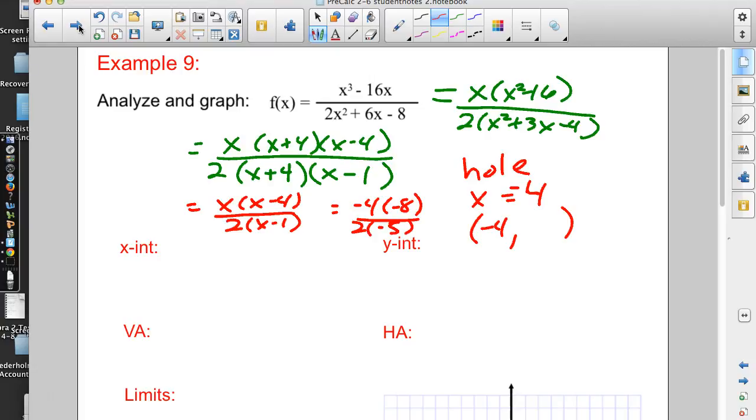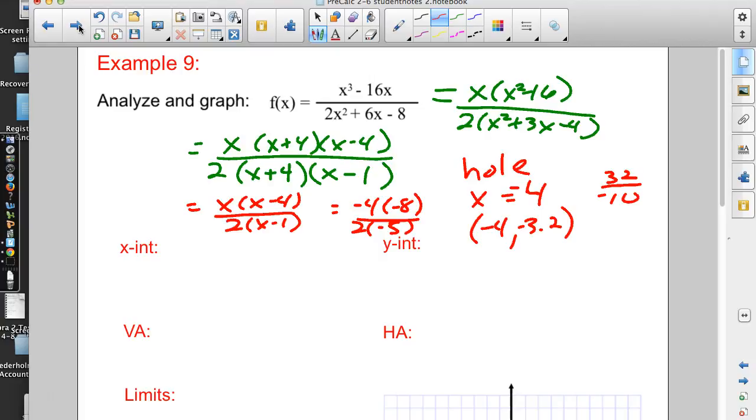So we're going to get 32 over negative 10 and reduce it. That's probably the best we can do. Maybe even better to put it in a decimal right now so that when you are doing your graphing later, well, negative 3.2, that might help you out a little bit more. Do the negative 3.2. Can you see that? But now that needs to kind of stick in the back of your mind.